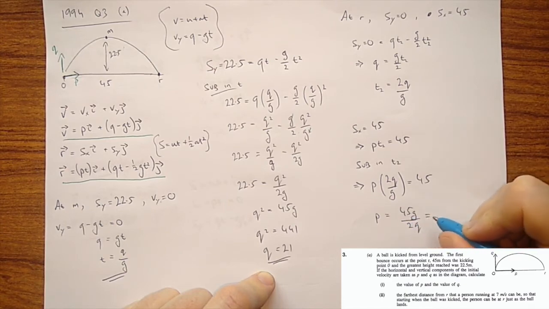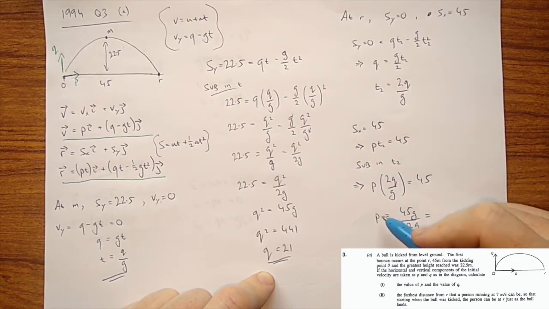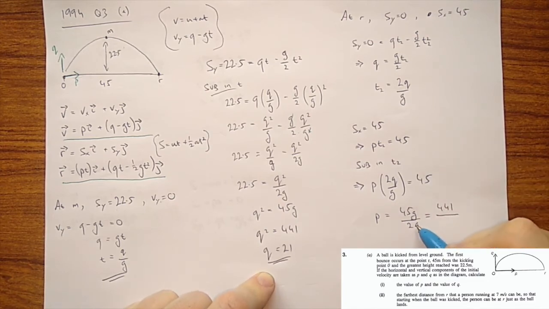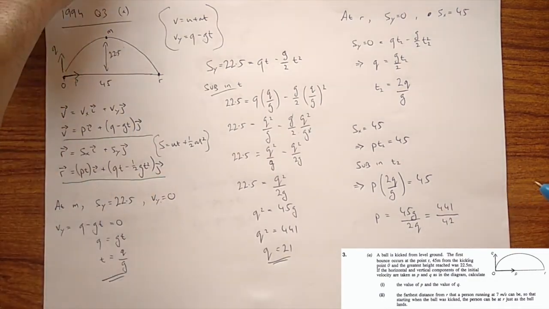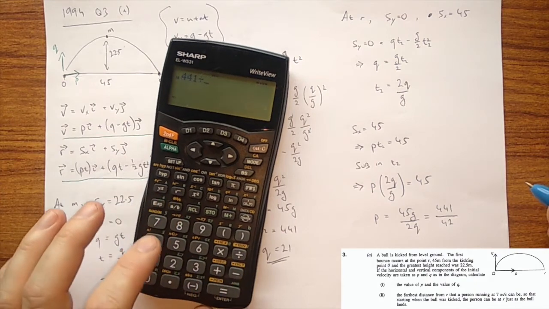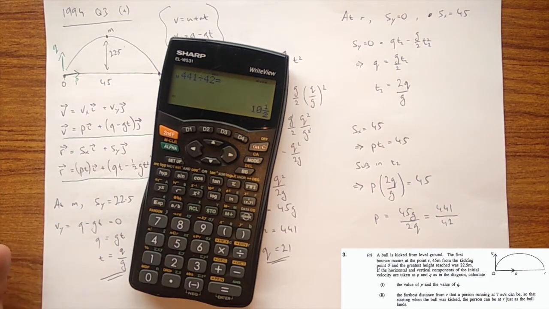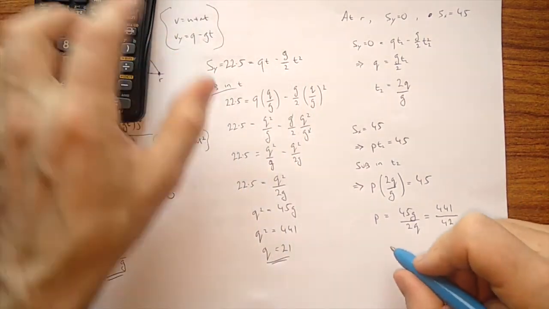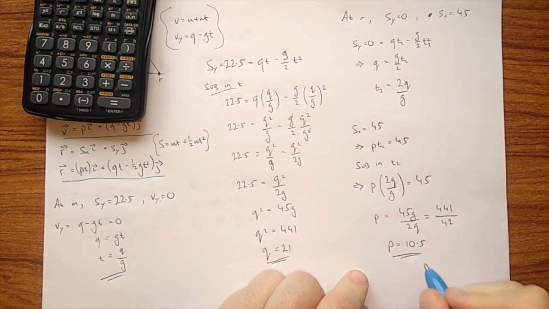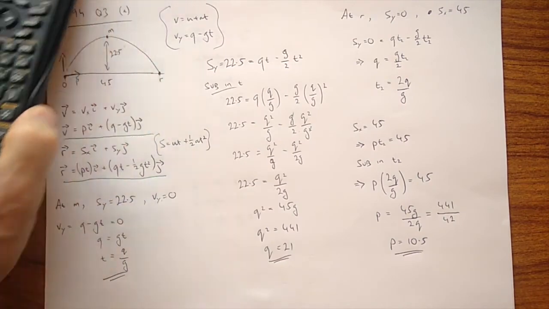Alright. That equals, we'll go across because we're running short on space, 45g we know from before is 441. q is 21, so that's 42. Can we do a little bit of a check and see, is this a nice tidy number? 441 divided by 42, 10.5. So p equals 10.5. And there we have p and q.